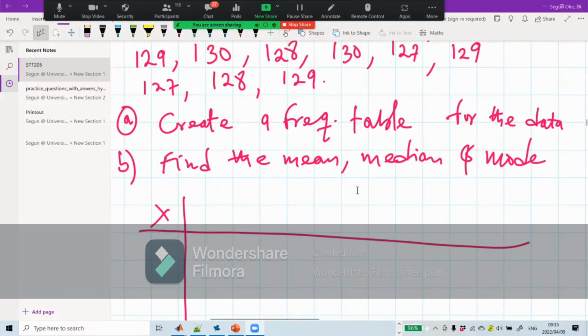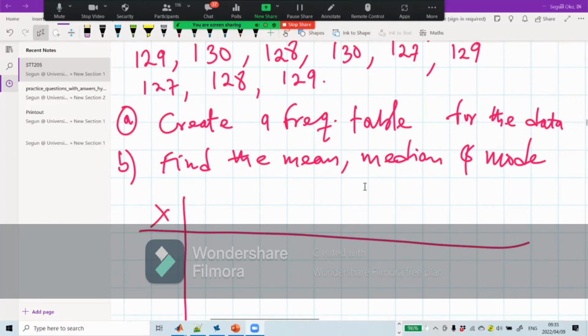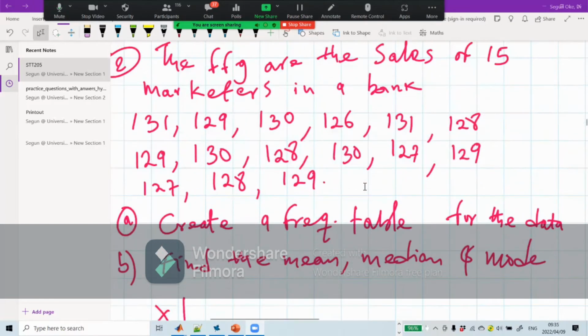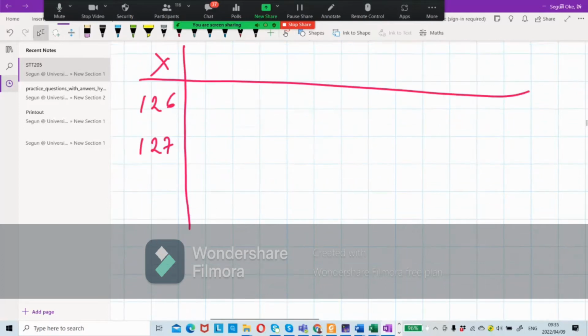Can we list the sales accordingly? Let's start with the least: 126, followed by 127, followed by 128, 129, 130, and 131.